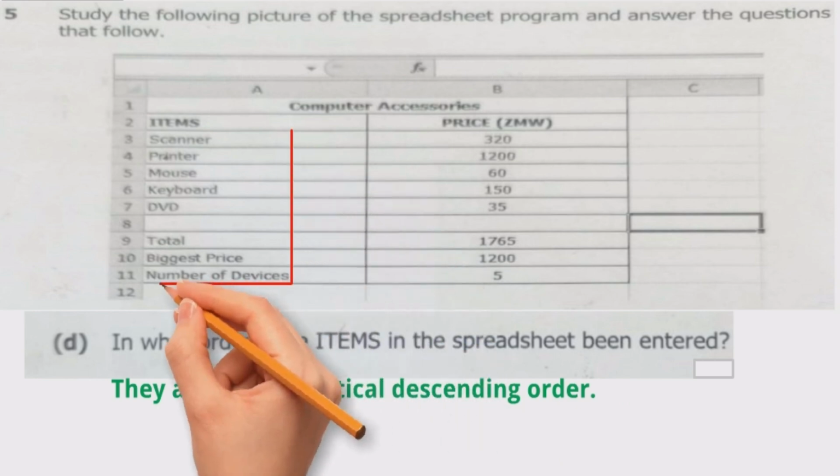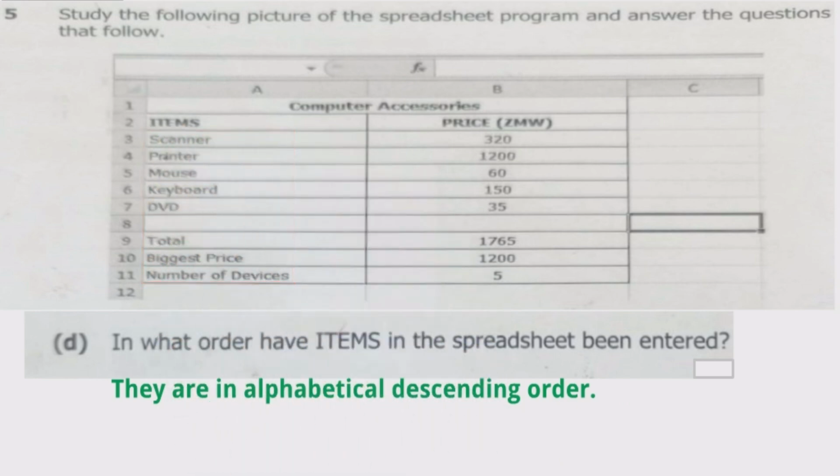As you can see, we are starting with scanner, then printer, then mouse, then keyboard. It's more or less like we're starting from Z coming to A. So I can write my answer as: in alphabetical descending order. Basically those are the answers to question 5.